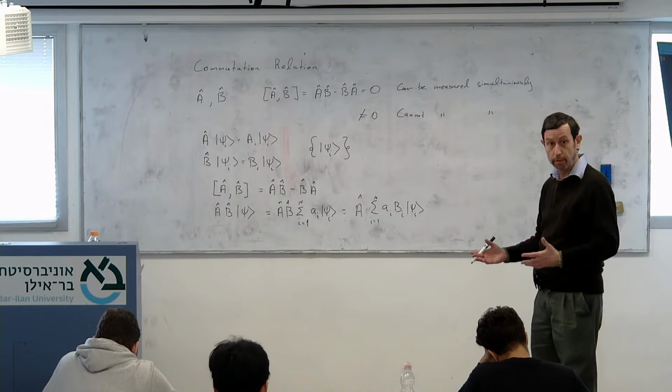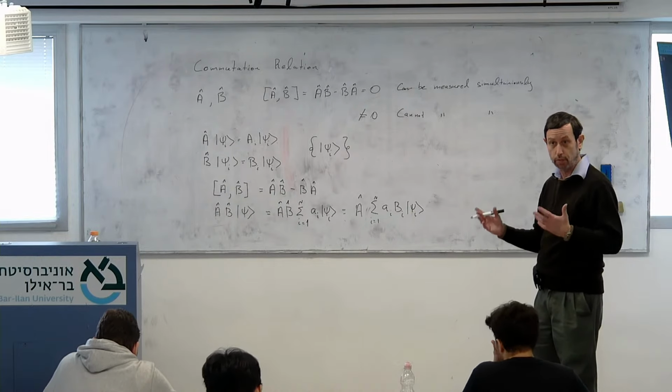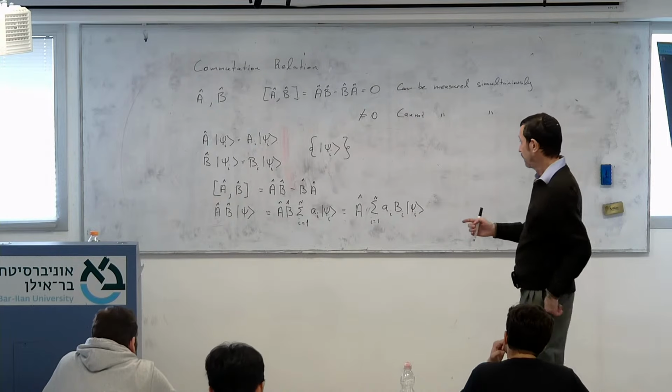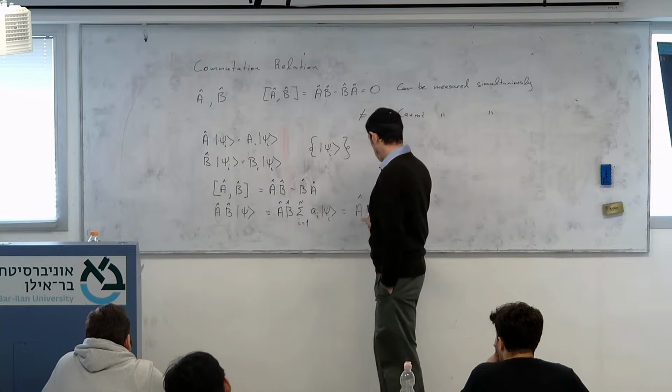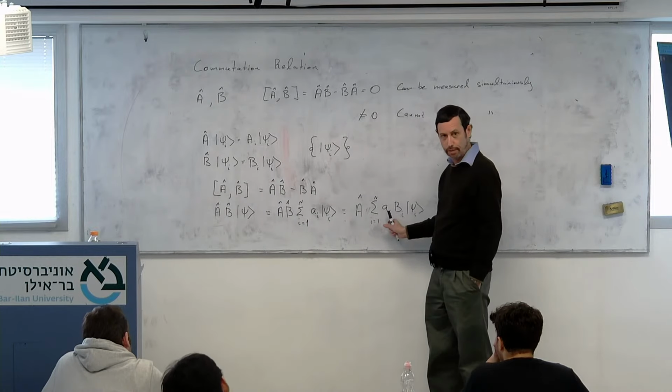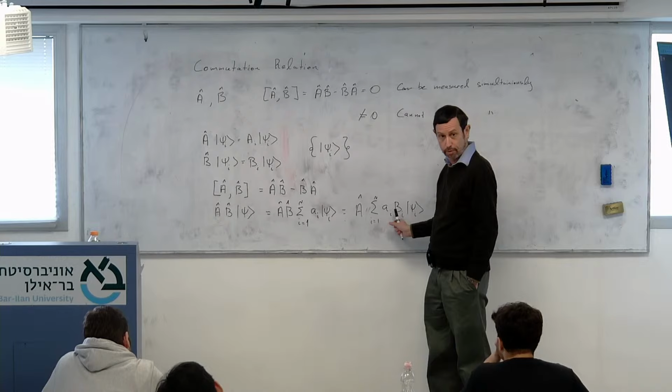But since it's also a basis of B, I can write down, because it's a linear operator, I can use it on each one of the components, get out the eigenvalue, and this appears here. But these two are scalars, numbers.